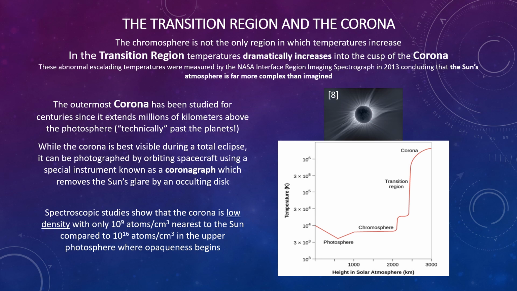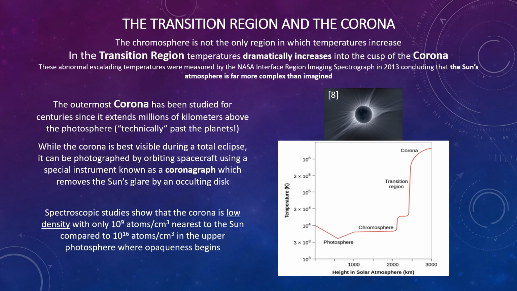The outermost layer of the sun's atmosphere is called the corona, and it's been studied for centuries since it extends millions of kilometers above the photosphere because it's very extensive and diffuse. While the corona is best visible during the total eclipse, it can be studied by orbiting spacecraft using a special instrument known as a coronagraph, which removes the glare of the sun and allows it to study the fainter regions around it.